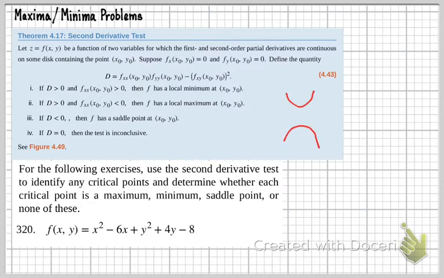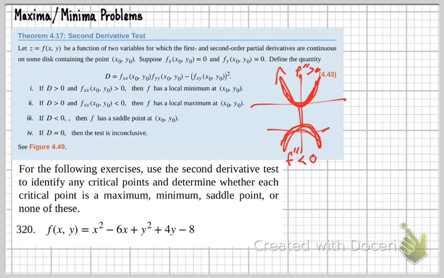If the second derivative was positive, I had concave up, and if it was negative, less than 0, it was concave down. And we all remember this.